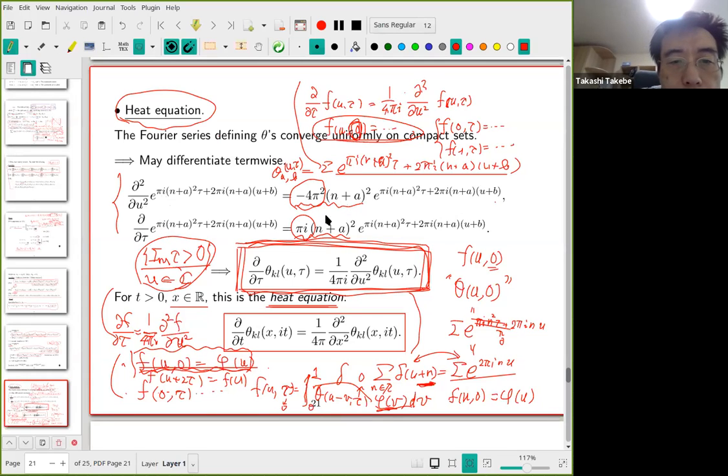But the independent part, this one and this one, are the same, and only coefficients are different. So summing them up, we get a heat equation. Exactly speaking, complex heat equation, because the heat equation in physics takes values in real numbers.